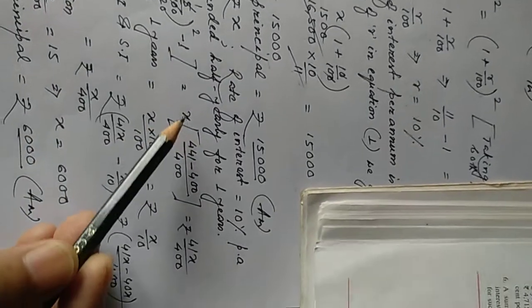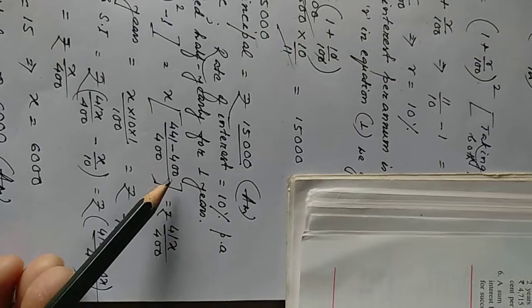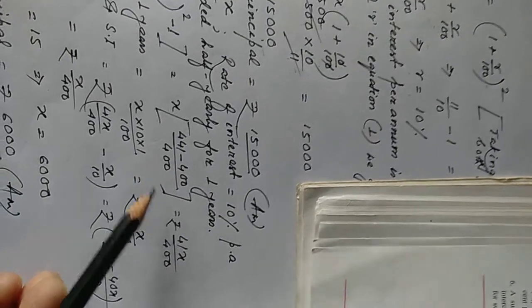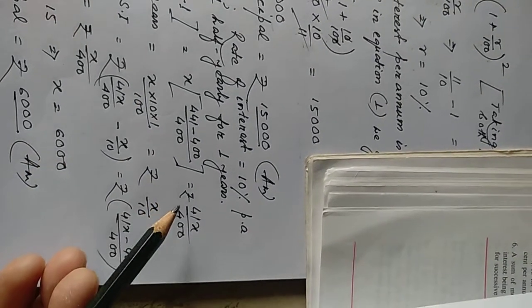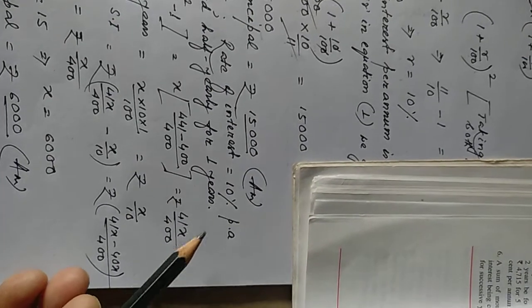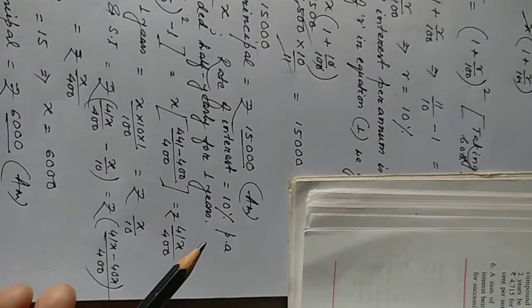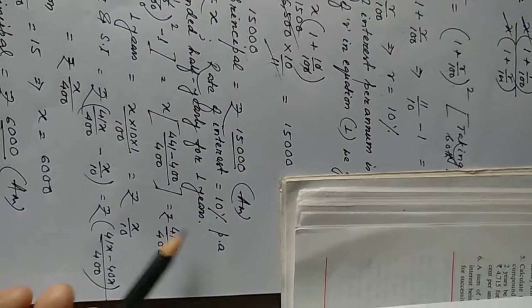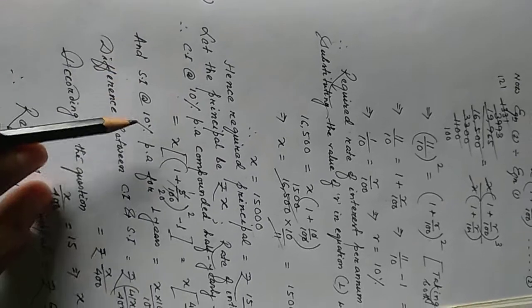So here I write X whole into (441 minus 400) by 400, and doing subtraction it will be 41X by 400. So this will be the compound interest at the end of 1 year at the rate of 10% per annum, compounded half yearly. Now I find simple interest at the rate of 10% for 1 year.